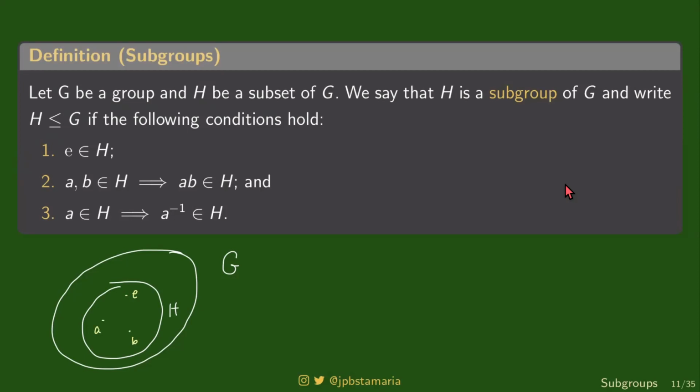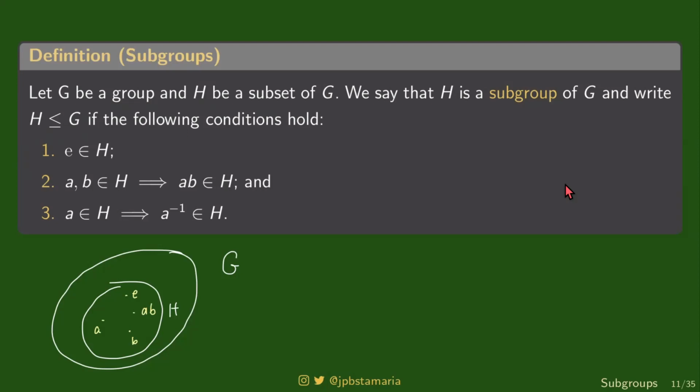Ang problema, baka kasi yung AB wala doon sa H. Ang gusto natin, yung product ng AB nandun pa rin sa H. Ibig sabihin, ang sinasabi ko dito sa condition number 2, kung ano man yung operation ni G, it is also a binary operation on the subset H. Kasi kapag kumuha ng dalawang inputs coming from H, yung product mo is still an element of H.